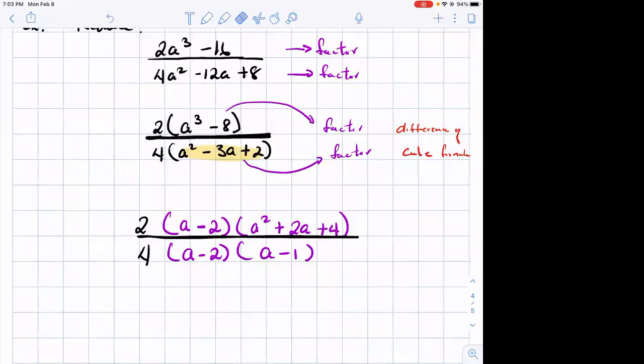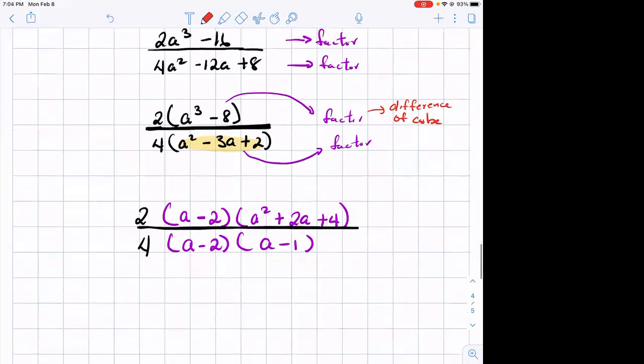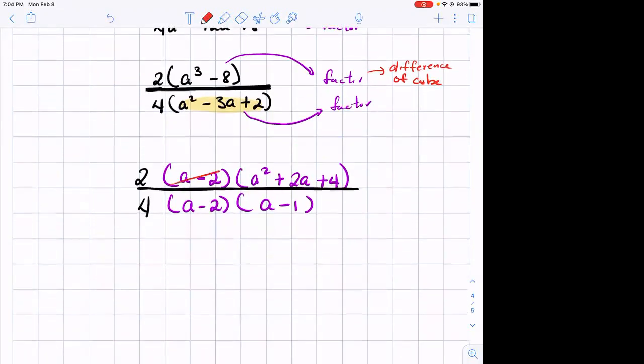Let me rewrite that for you. So the numerator is the difference of cube. If you look that up in your notes, the difference of cube. Now if you look here, this is exactly the same as that. And also 2 and 4 can be simplified.